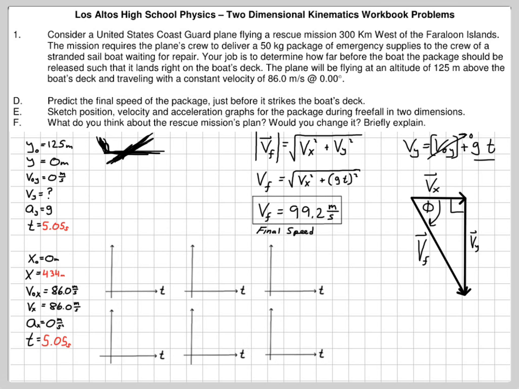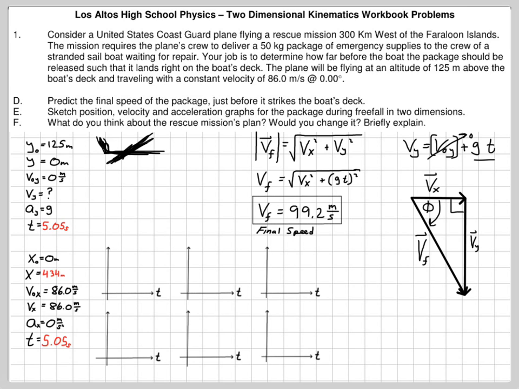So create the graphical space, and then I just have to worry about labeling each part. I'm going to start with the vertical position, the vertical velocity, and the vertical acceleration. And then below I'll put the horizontal position, the horizontal velocity, and the horizontal acceleration.